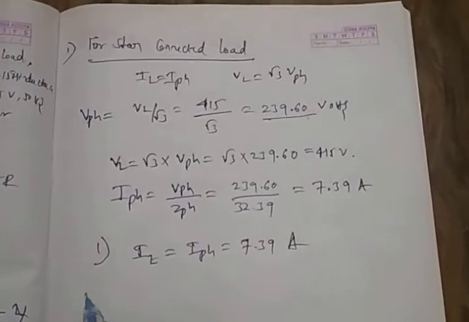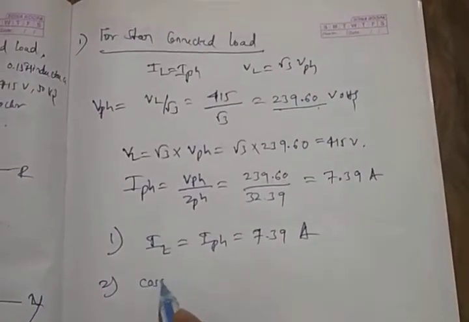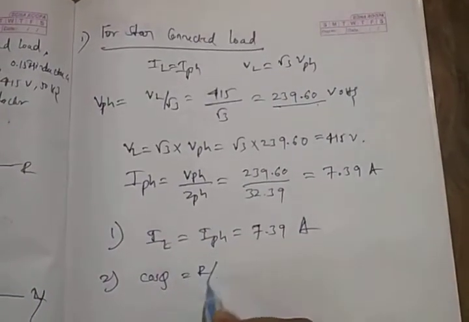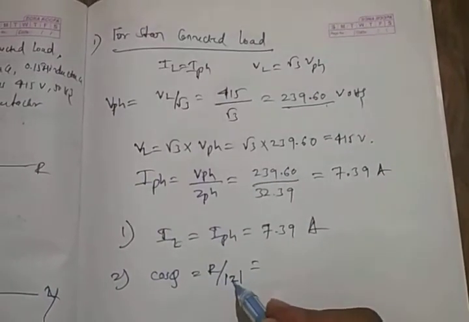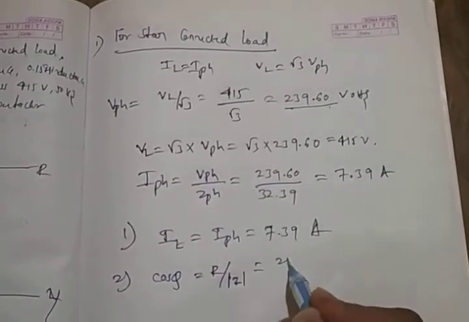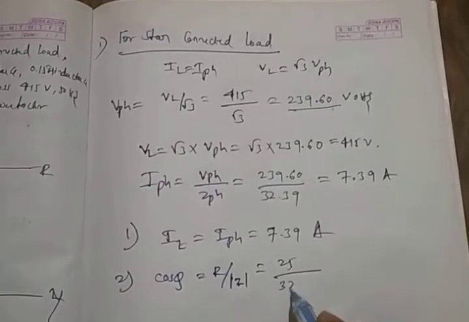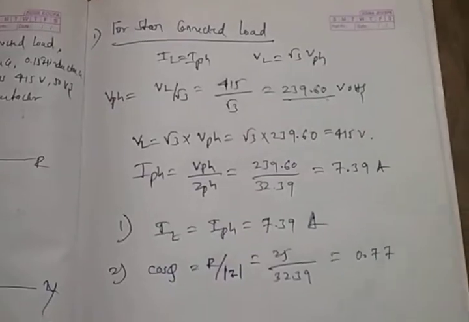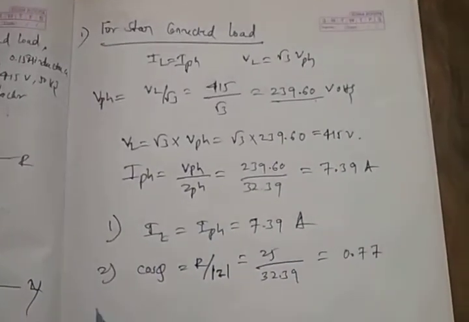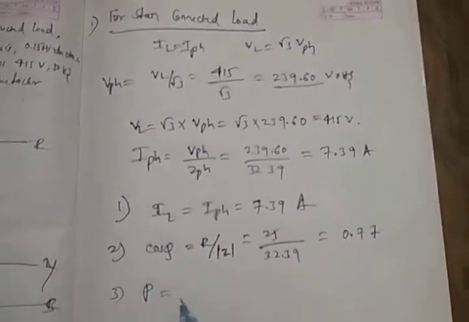The second is the power factor, cos phi, equal to R by Z, where Z is the magnitude of the impedance. R is 25 ohm, Z is 32.39. You will get 0.77. The last is the total power.